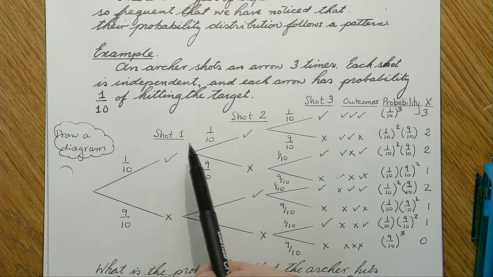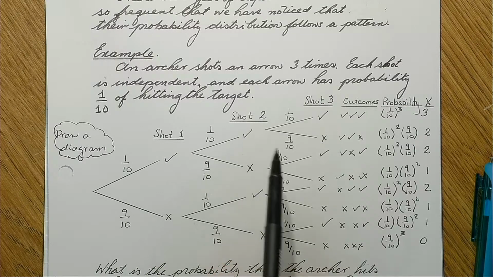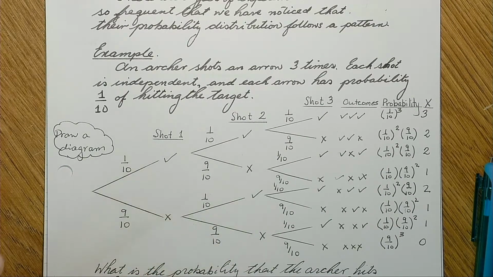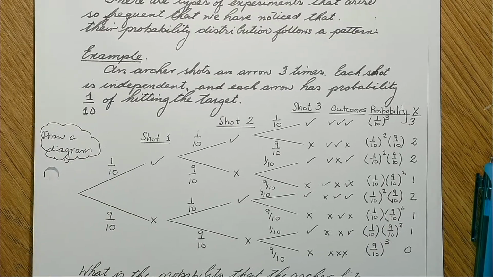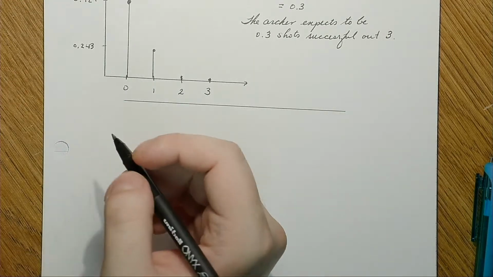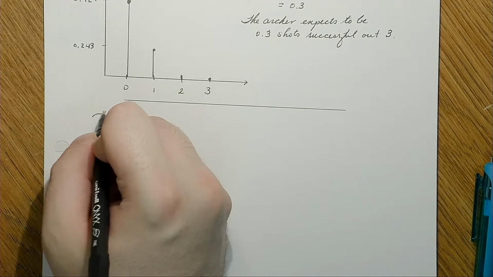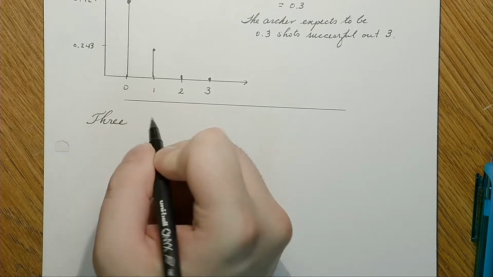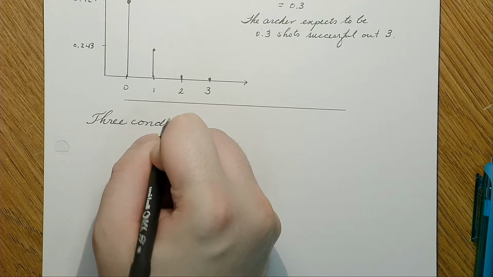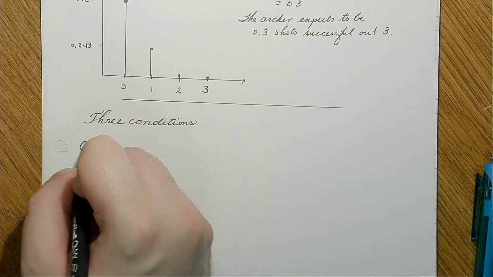So again, we could have had shots, coin flips, or rolling a die. So there are 3 main characteristics that are important to notice.